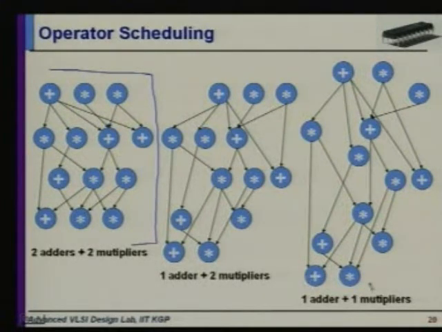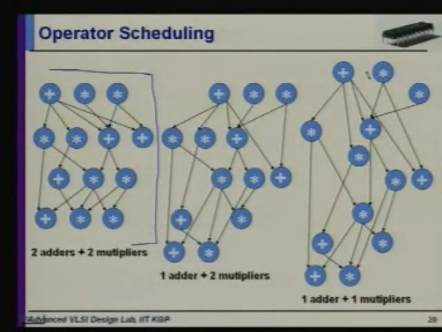And the last one does everything with only 1 adder and 1 multiplier, but it requires 1, 2, 3, 4, 5, 6, 7, 8 clock pulses. Right? So there is a trade-off between the number of cycles, which is the speed, and the number of resources that you want to use. So you want to do this trade-off based on the entire set of operations that you have to do.